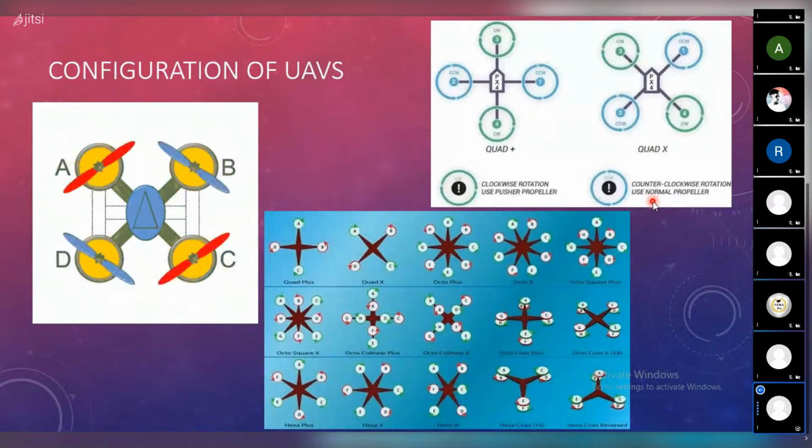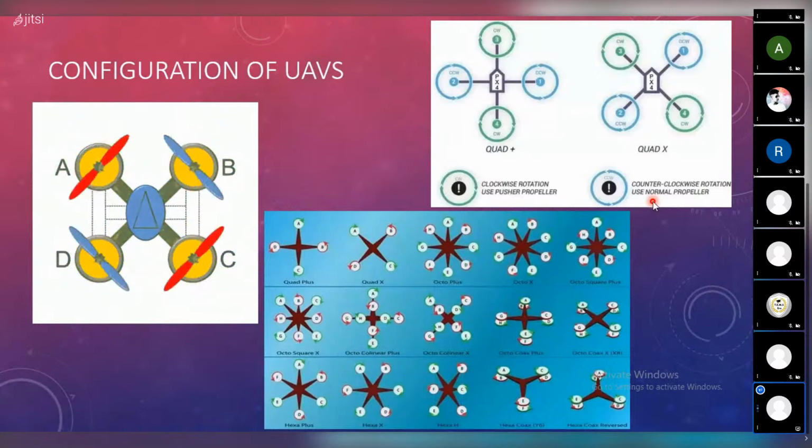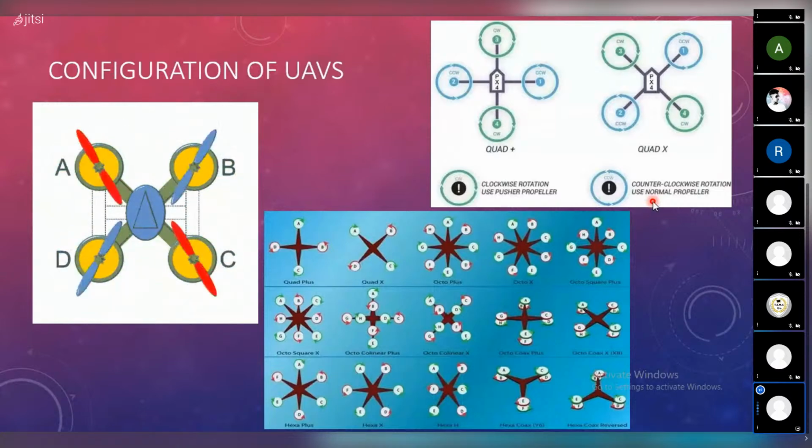It's so well engineered that if you want to go forward or backward, or roll sideways, which we'll discuss in the coming slides, due to this configuration there is no such problem of moment as such. But moment is also necessary. For example, you want to turn the drone that you see in the picture on the left top corner a little bit to the right. How do you go about that?